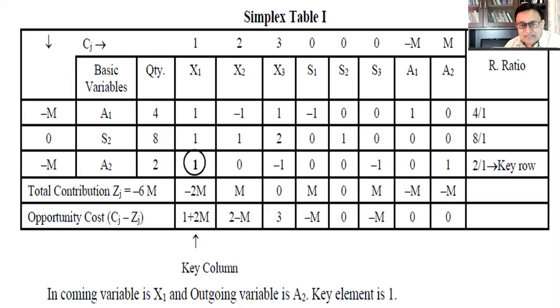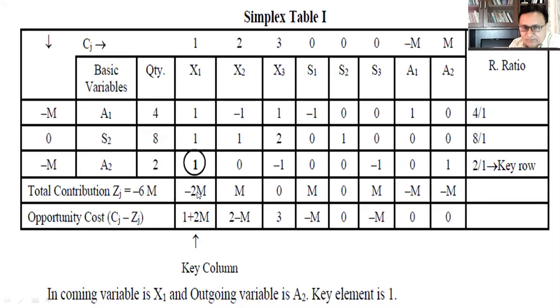Now the next step is to find out the Zj value. For Zj, we will multiply each column with the column of coefficients of the basic variables. First is 1 multiplied by -m plus 1 multiplied by 0, 0. So -m plus 1 multiplied by -m is -2m, which will be written here.